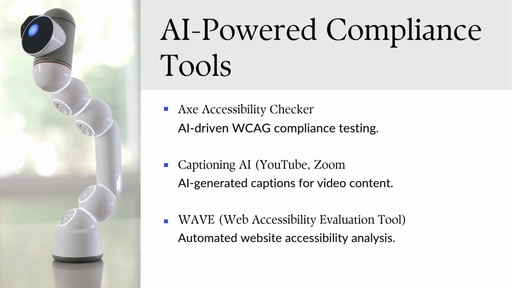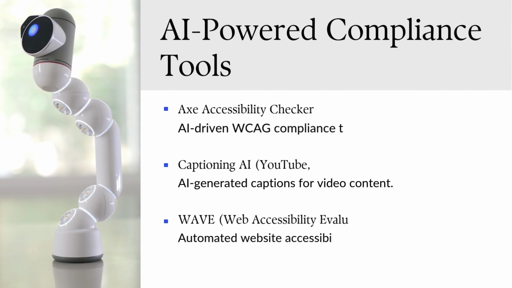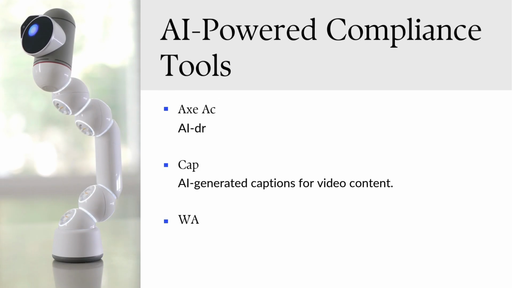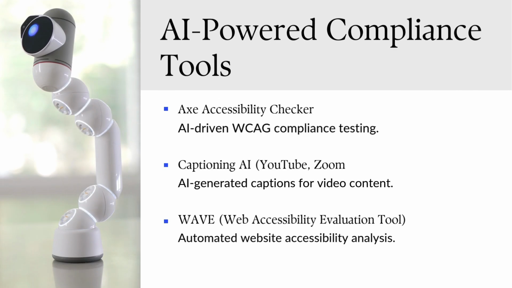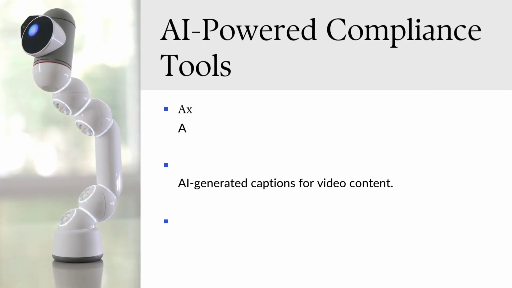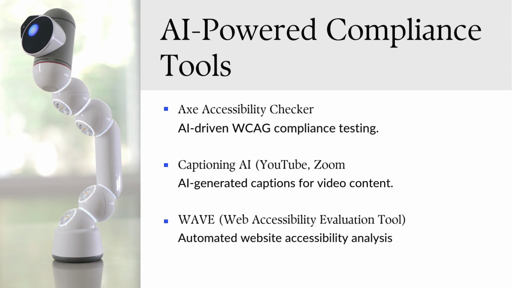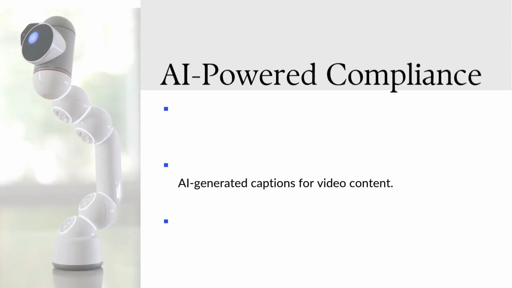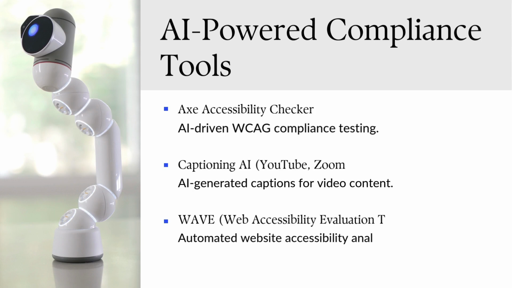Next on our list, we have what we call the Captioning AI, which can easily be found in YouTube and Zoom. It is an AI generated caption tool for video content. This is an AI powered compliance tool for automated website accessibility analysis.